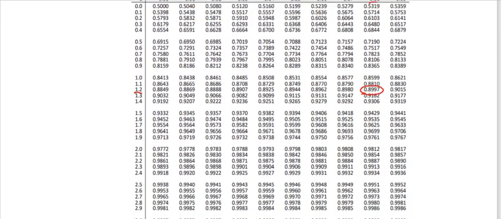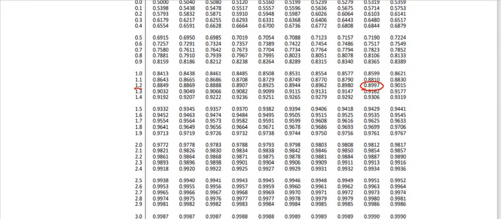So .9500 is here, right? We find both of them are the same distance to .9500, so we can pick either one.